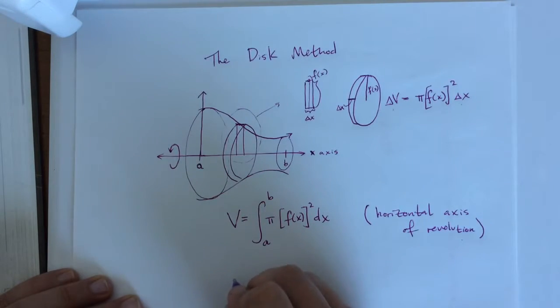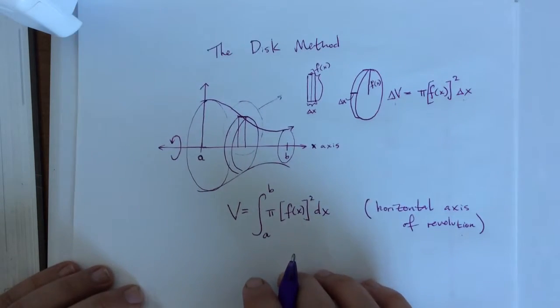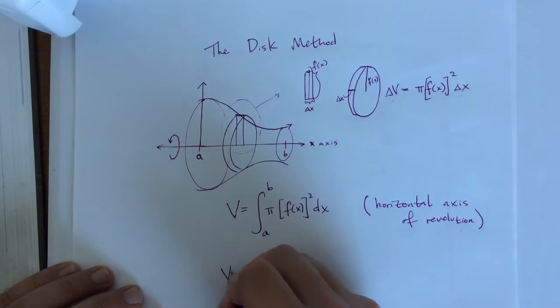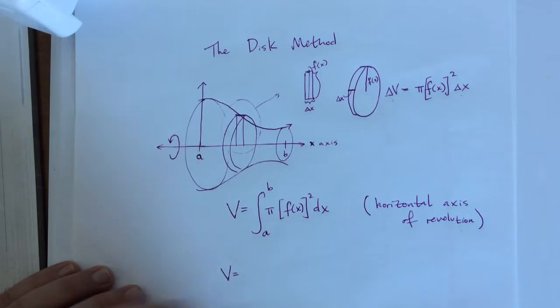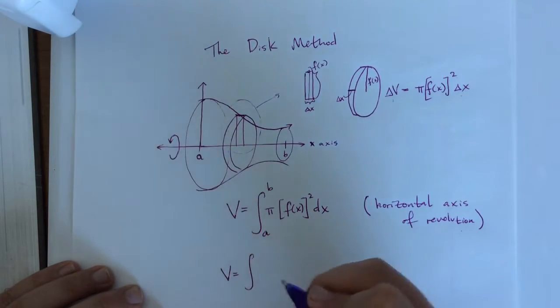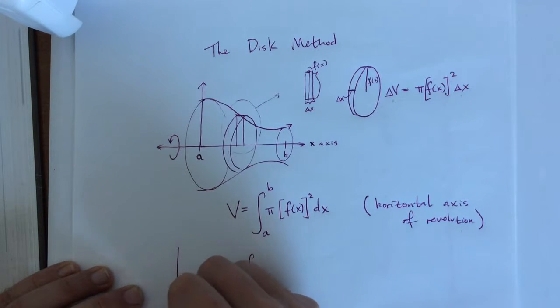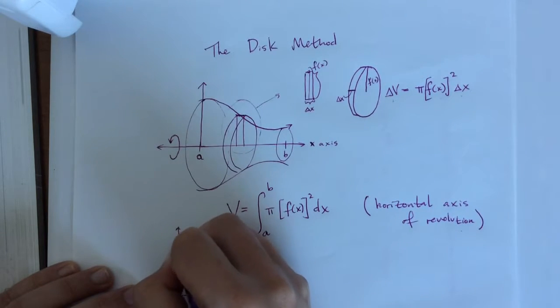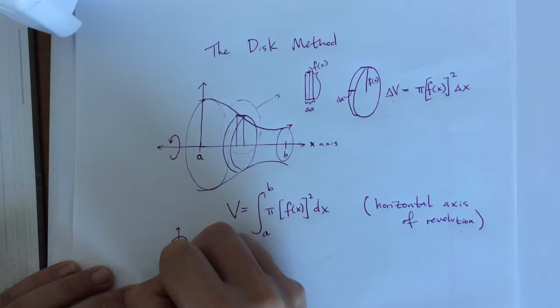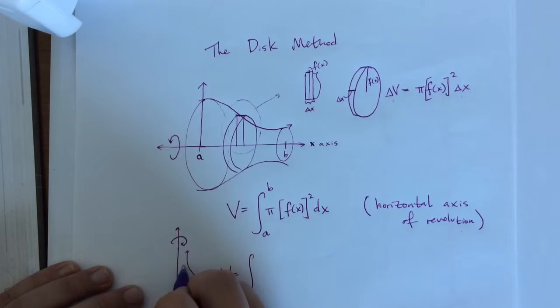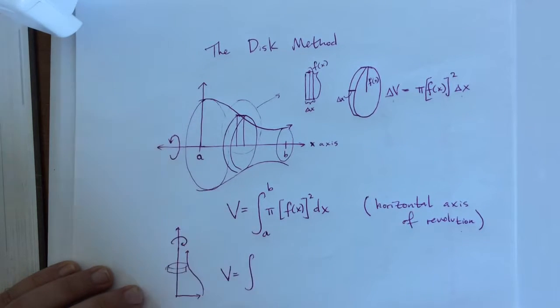If our axis of revolution is vertical, then I would just flip this whole thing on its side. Here, let's draw another diagram so it's not confusing. My axis of revolution is the vertical axis, and I have a similar function that looks like that. Now my approximating disks look like that.